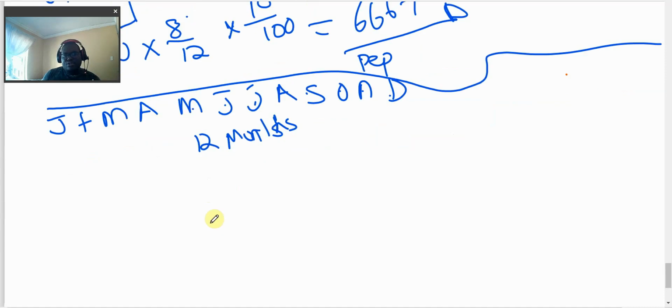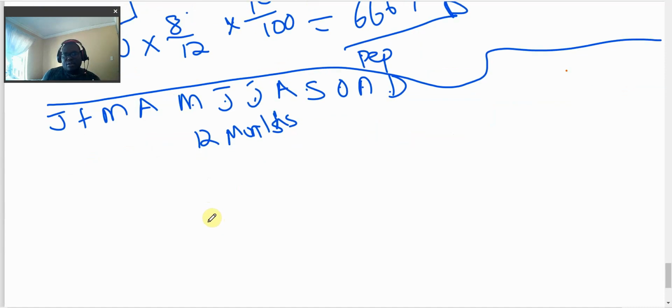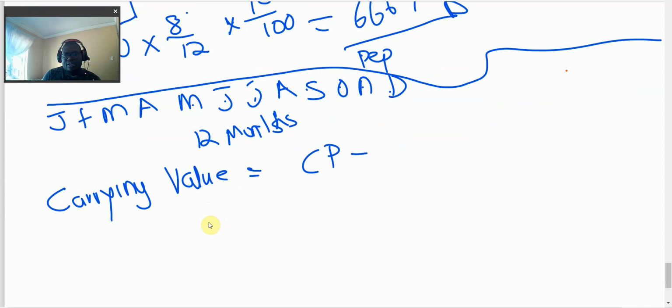So it's 12 months. So it means what we must do first with the diminishing balance method is to get the carrying value. So the carrying value is equals to cost price minus accumulated depreciation. So now we know that the cost price is 100,000.